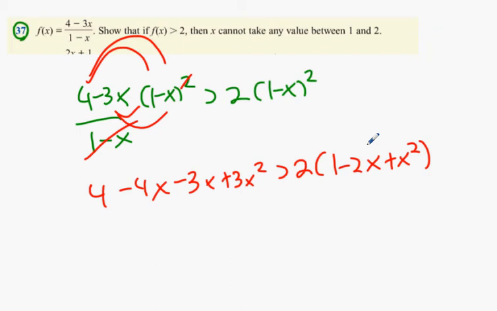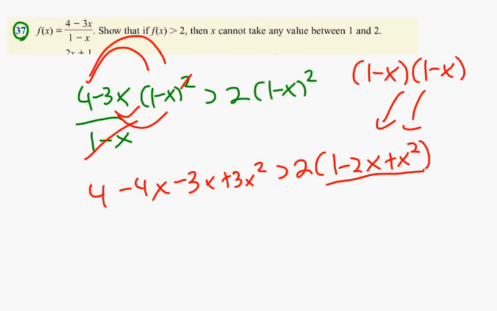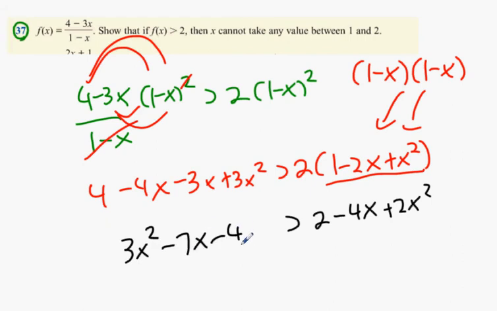Everybody know where I got that from? I multiplied 1 minus x by 1 minus x, and the answer is this part here. Okay, then I multiplied it by 2 minus 4x plus 2x squared, and then I have 3x squared minus 7x minus 4 on the other side.